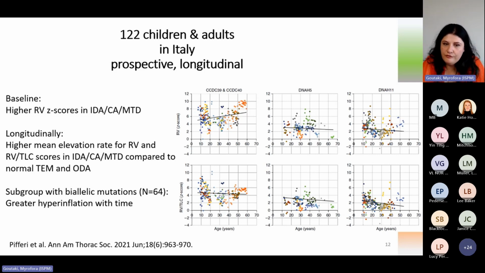The residual volume Z scores in the patients with microtubular disorganization and central apparatus defects had a much steeper increase, and the same was true for the ratio of RV to total lung capacity, compared to the other two groups. That showed that these patients really had greater hyperinflation with time.